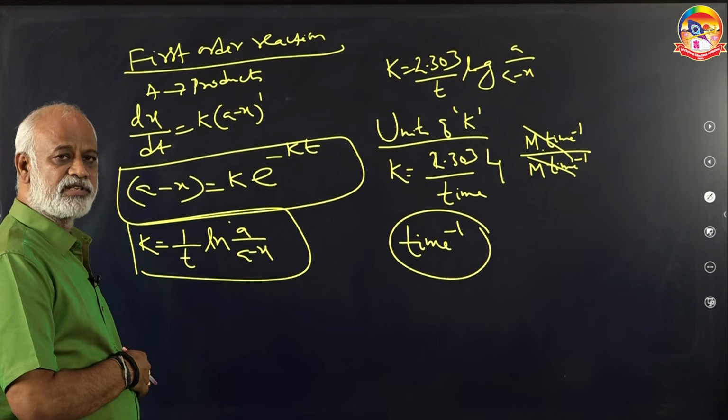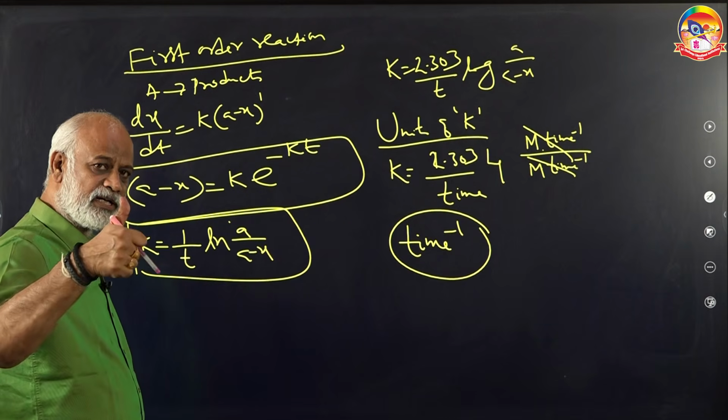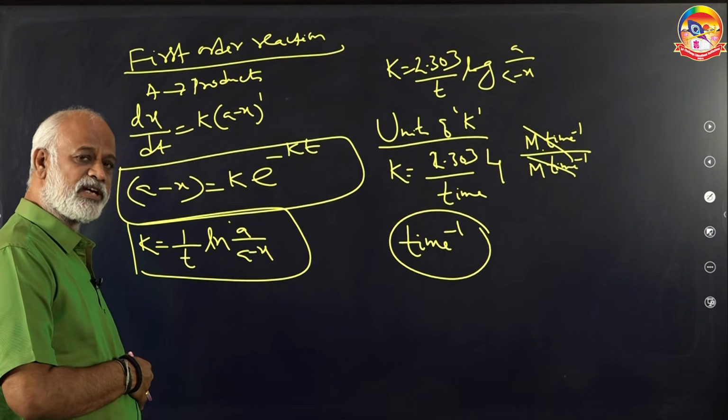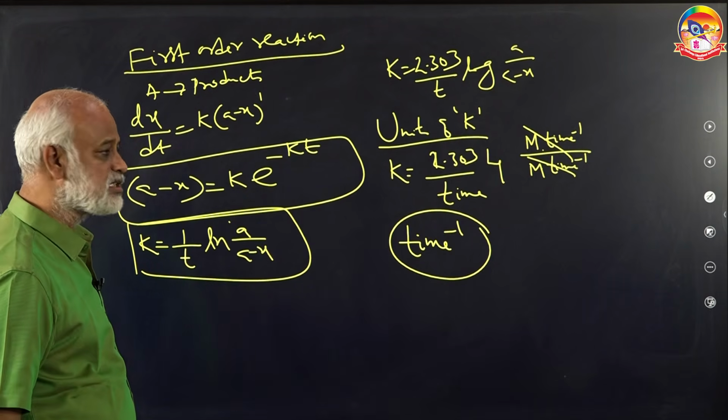So time inverse is the very important point to be remembered here. So how are the units of the rate constant important in solving the numericals?